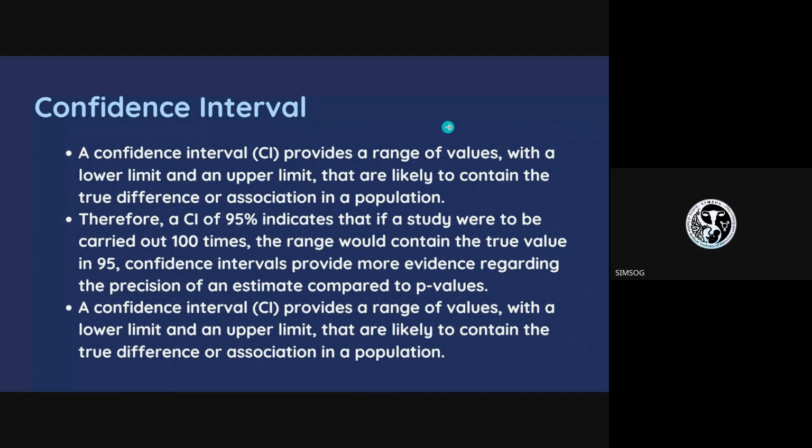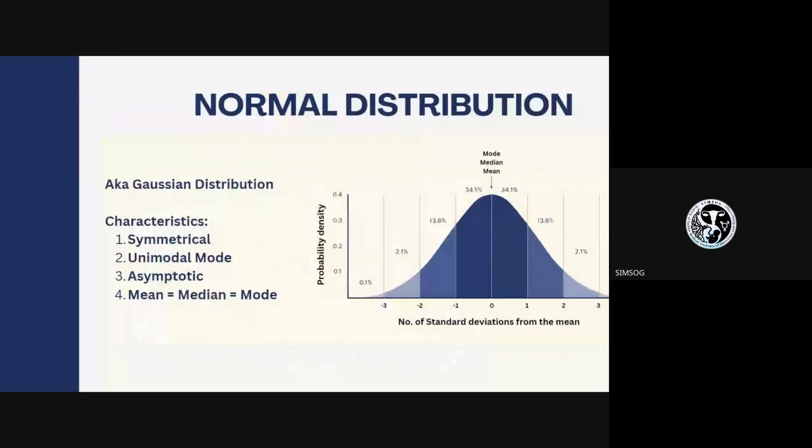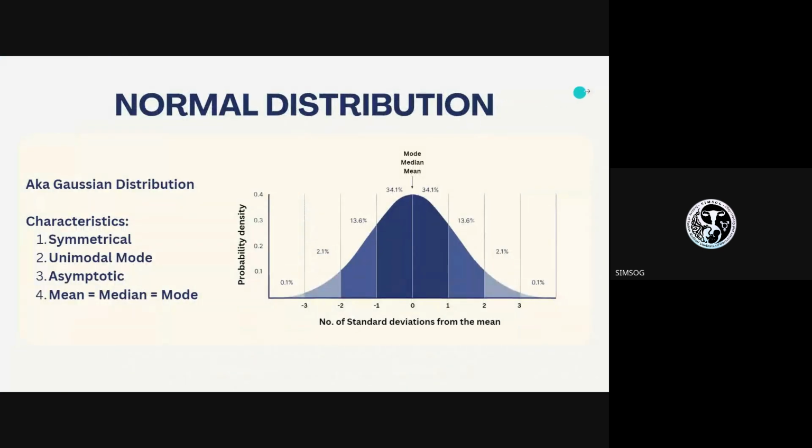So now, what is a confidence interval? If you go back to the normal distribution graph, you will notice that a normal distribution graph has a very accurate set of values distributed along its mean.